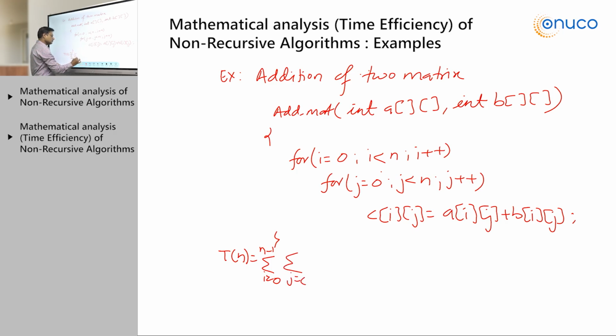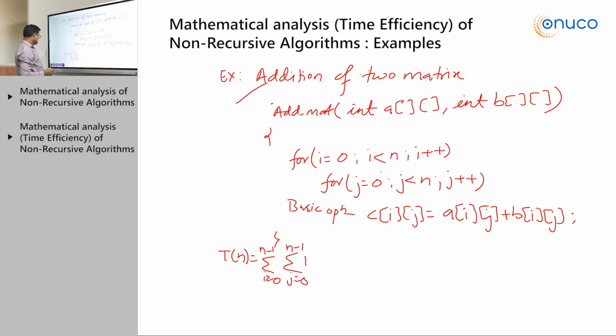Similarly, j is equal to 0, j less than n. It is not n, less than n means the maximum value is n minus 1. And this is the basic operation, so we are going to use 1. And we are going to solve this in order to find the time complexity for addition of two matrices.